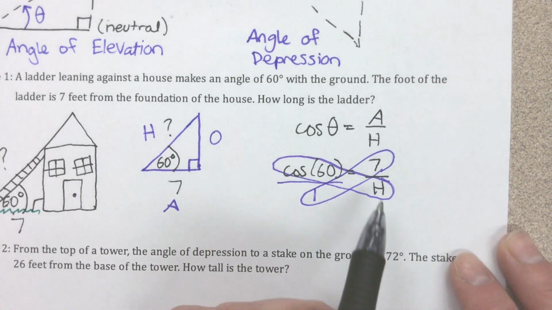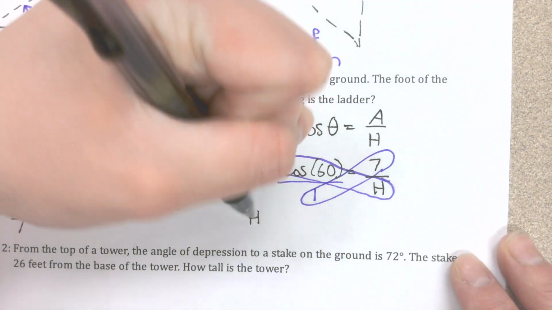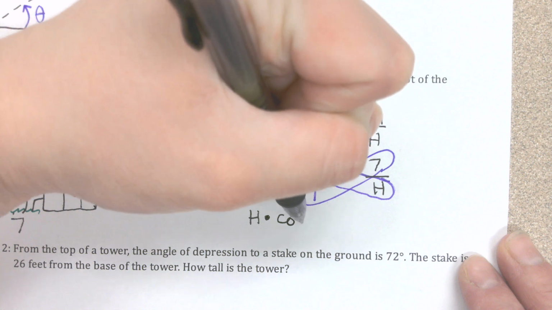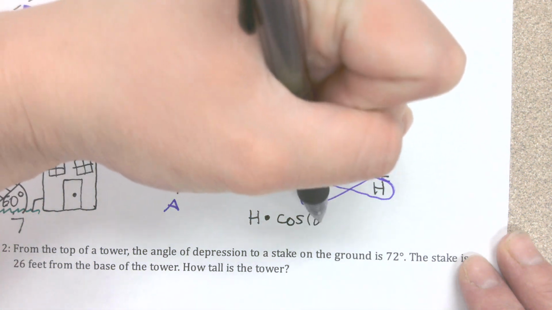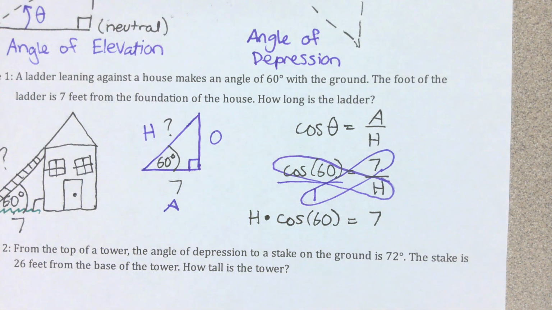Crossing on the left, I have h times cosine of 60, and I'm going to write exactly that, h, and I'm physically writing the times sign as a reminder of what to do next. Times cosine of 60 equals 7 times 1, which is just 7.